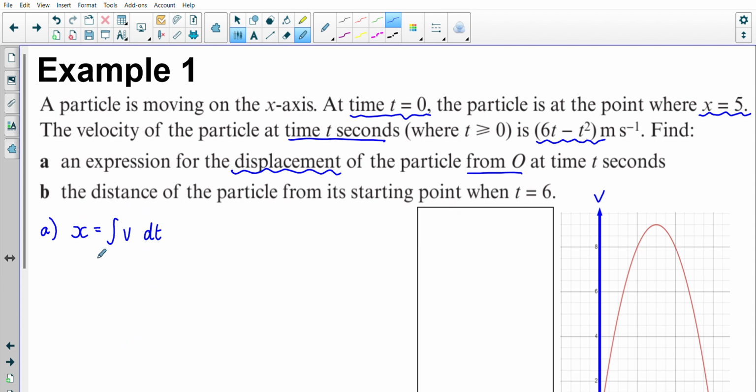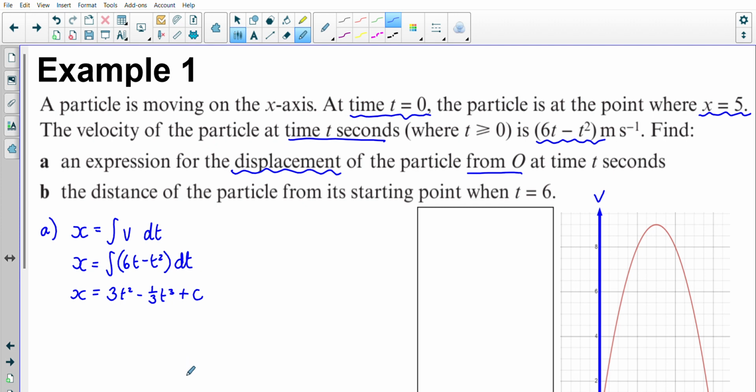Now you don't have to write this step, you could write this step first, and I will put a bracket around it. So when I integrate, and I'm presuming you know how to integrate at this stage, I will get that with a plus c.